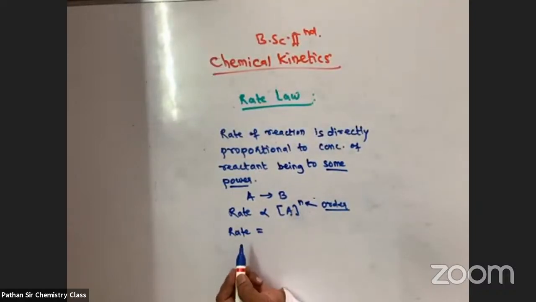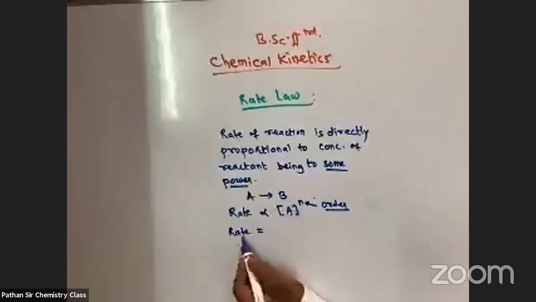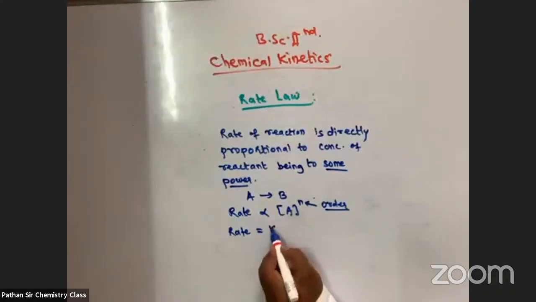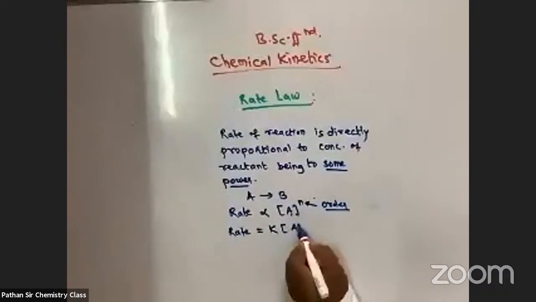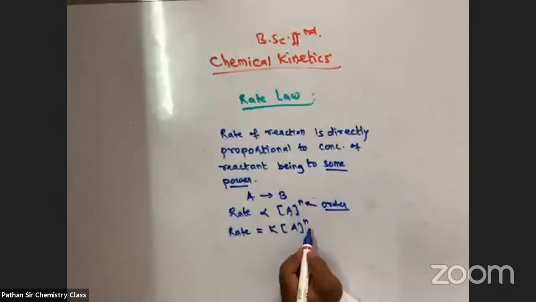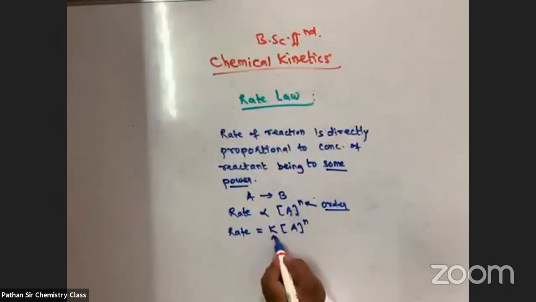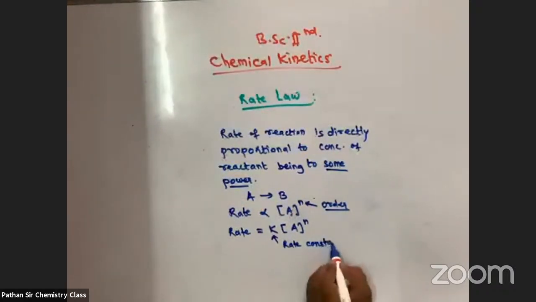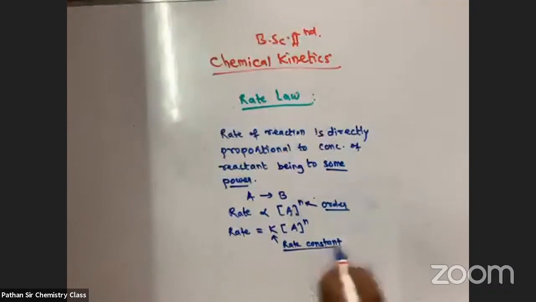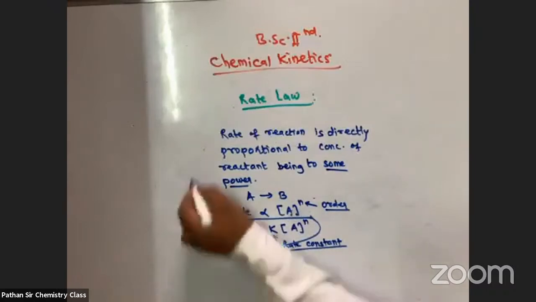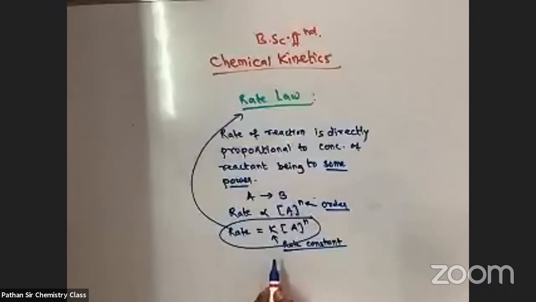If you remove this proportionality sign, you get some constant, say k, and you can write this as rate is equal to k into A to the power n. This k is known as rate constant, and this mathematical expression is nothing but rate law.